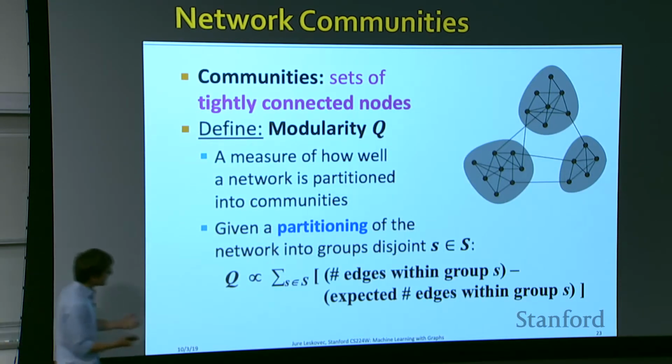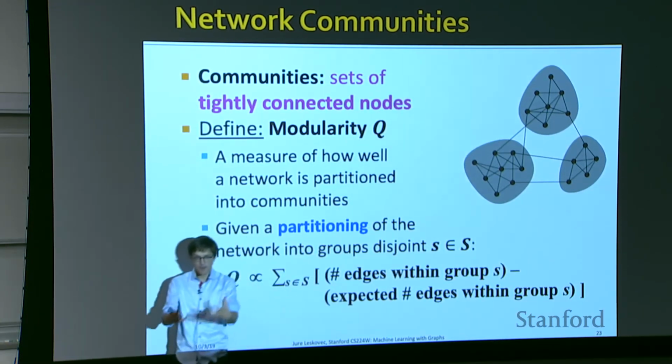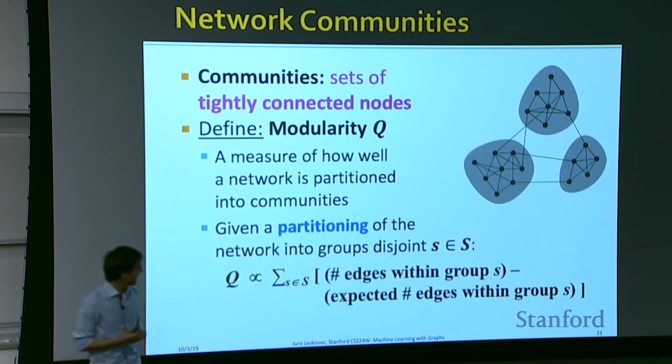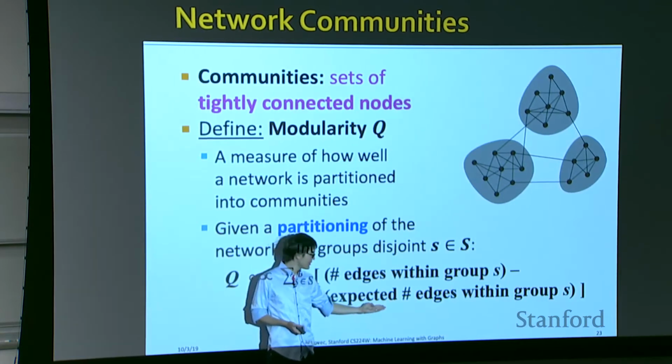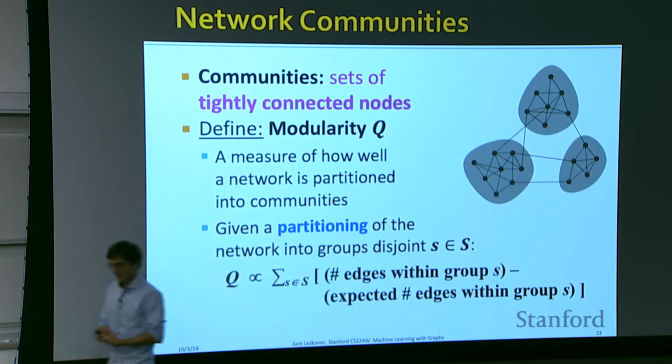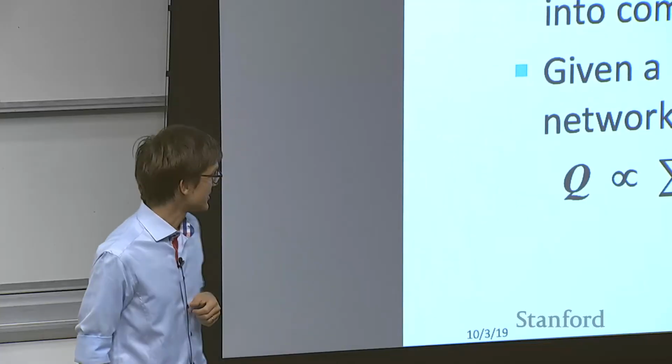If this difference is big, then I have found a strong group, because it has a lot of edges inside, and actually many more edges inside than what I would have expected. So it's an unexpected cluster in this respect.